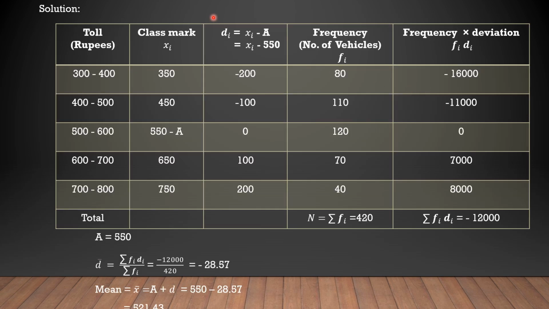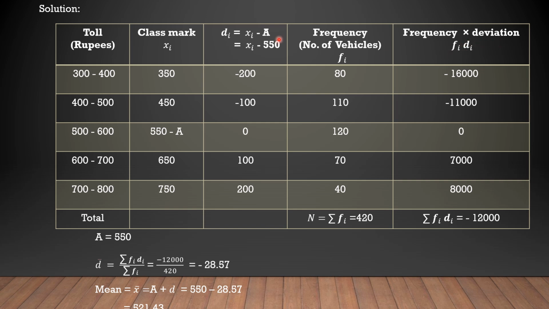So in assume mean method we draw 5 columns. First column for toll in rupees, then class mark means xi, then di. Di means di is equal to xi minus A. Then frequency. Frequency means number of vehicles, which is denoted by Fi, and then frequency into deviation, multiplication of frequency into deviation, Fi into Di.